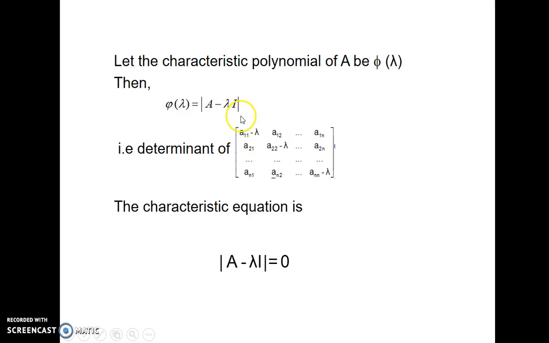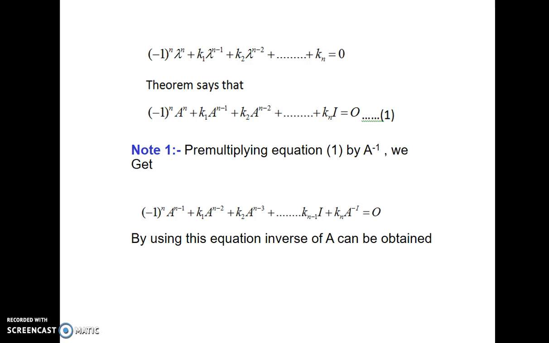When we expand it and equate it to 0, we get the characteristic equation, an equation of this form. The theorem says that if you write A in place of lambda, you get a matrix equation with the right-hand side as a null matrix, and there is an I to incorporate matrix operation. This means A satisfies this equation. So that is the famous Cayley-Hamilton theorem.